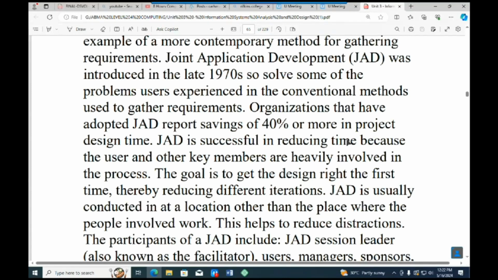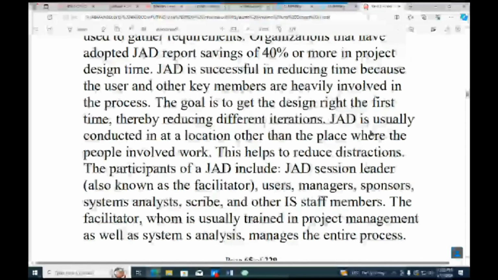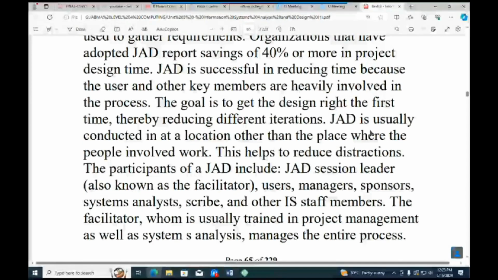So the JAD is really successful when it comes to reducing the time in requirements gathering and analysis, and this is because the user and the other key members are involved in the process. The goal of JAD is to get a design right the first time.